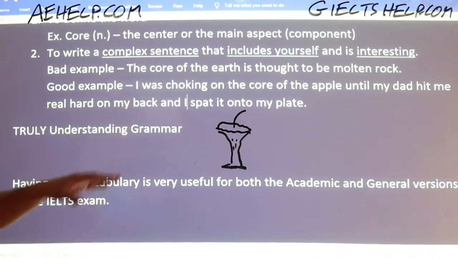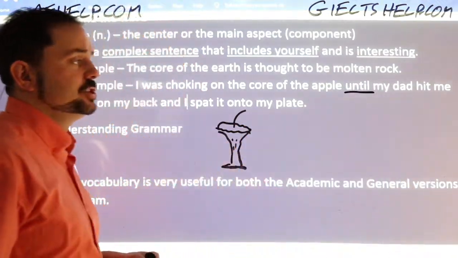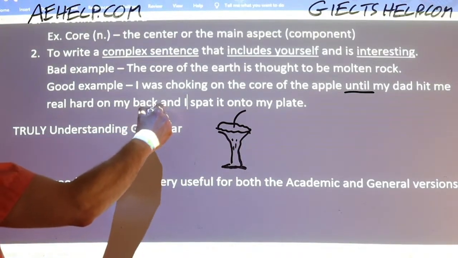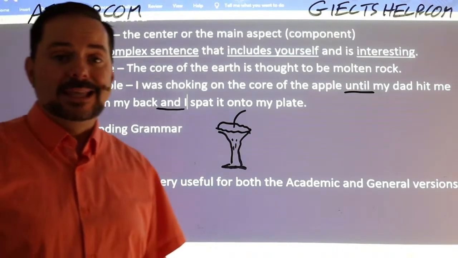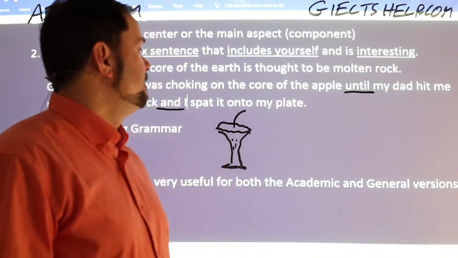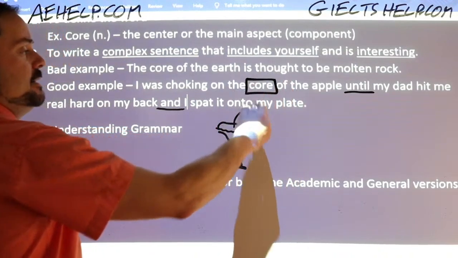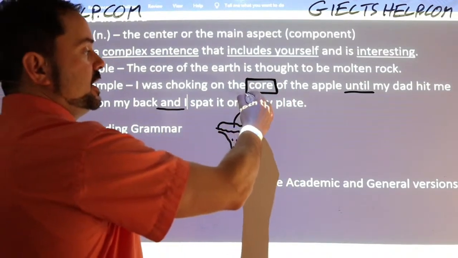Also, it's complex. It's using a subordinating conjunction of time, until, okay? And it's making it also a compound sentence by using a coordinating conjunction. And I spat it back onto my plate, all right? So here I'm involved and I have the word core. In my vocabulary notebook, I would definitely underline this word.